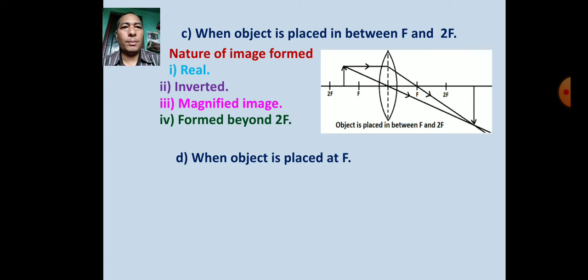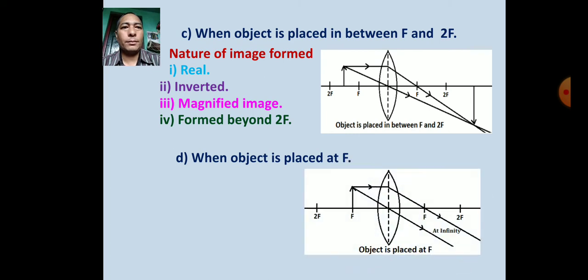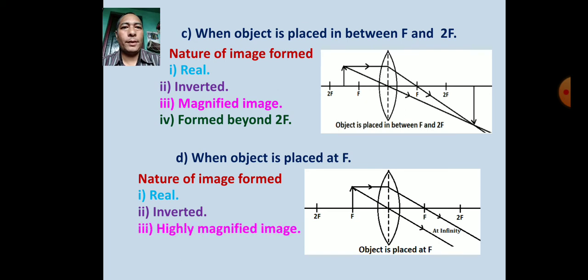D. When object is placed at f, nature of image formed: 1. Real. 2. Inverted. 3. Highly magnified image. 4. Formed at infinity.